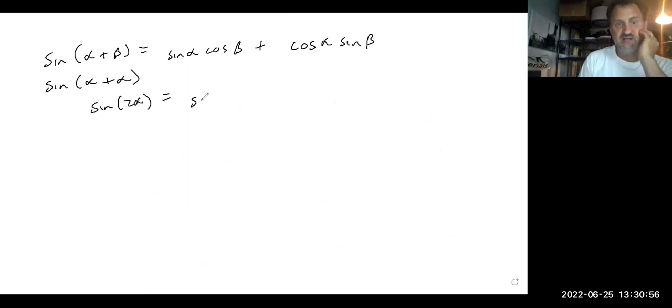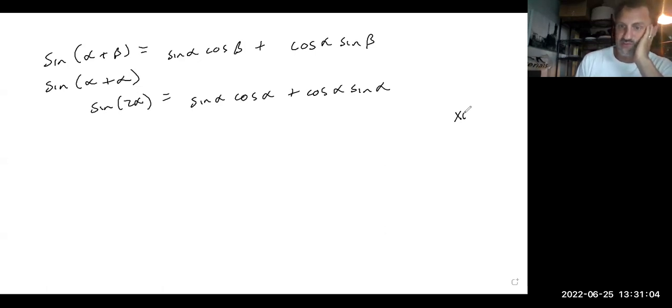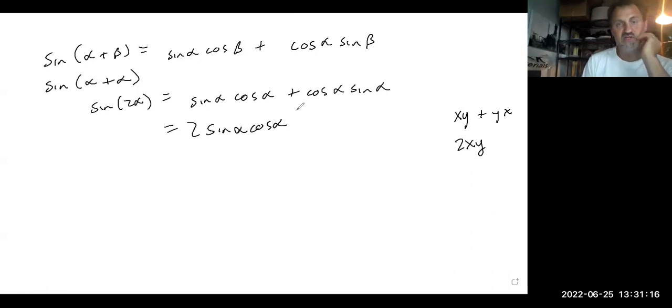So then we get sine alpha cosine alpha plus cosine alpha sine alpha. But of course, if I have xy plus yx, then it really doesn't matter what the order of the multiplication is. So I just have 2 of those things. And that's what happens here. Sine 2 alpha equals 2 sine alpha cosine alpha. So that's the double angle for sine.